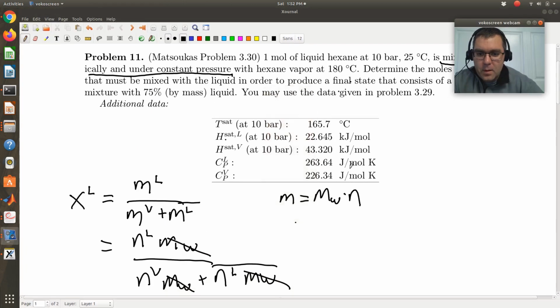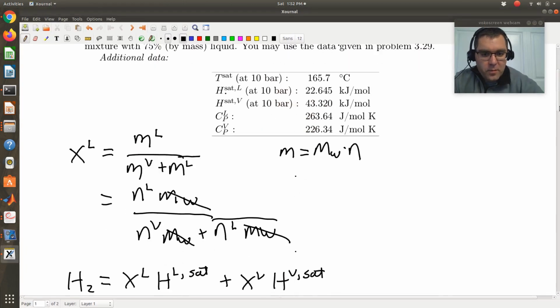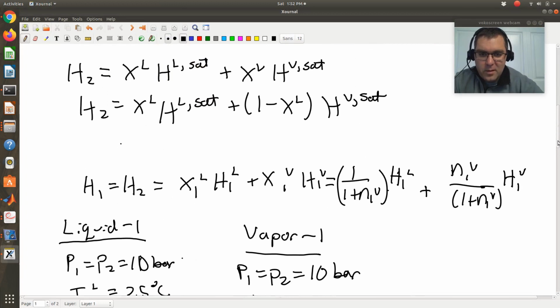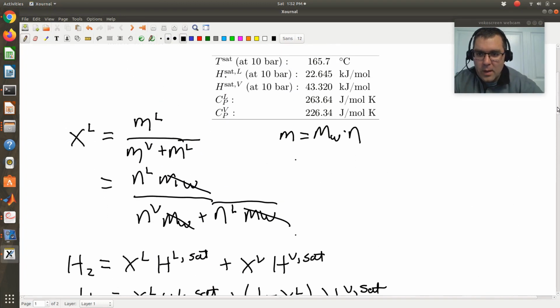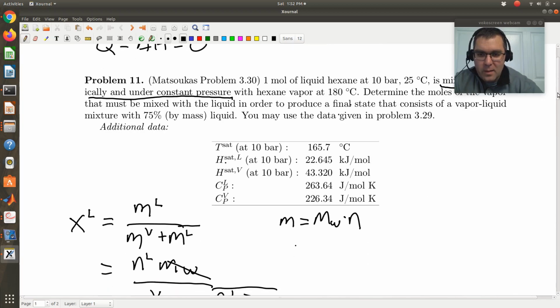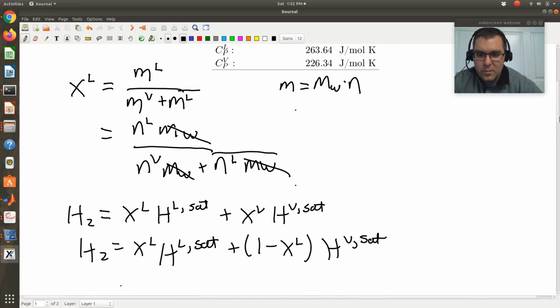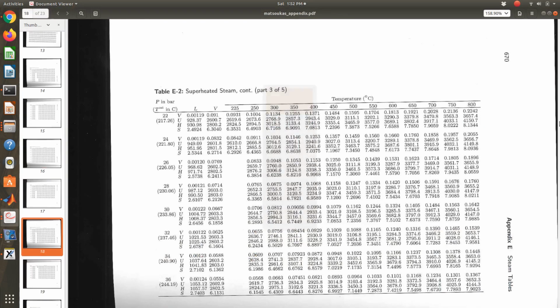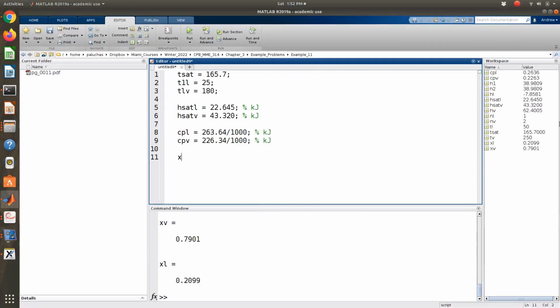Okay, so to solve, we start by calculating the enthalpy of my final state. I also need that x1L is 0.75, or XL. And so let me call the x2L.